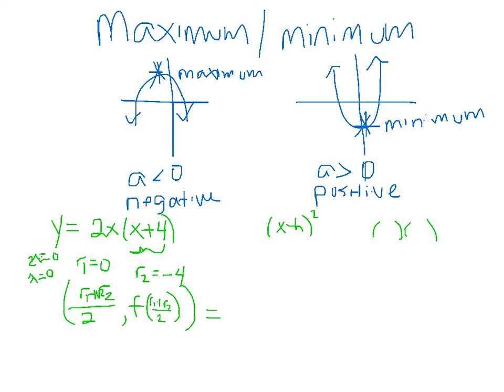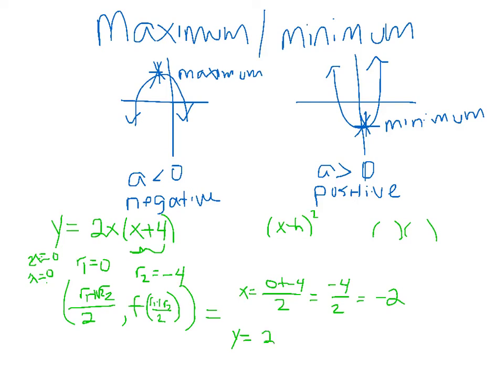So if we actually do that, my x value is going to be 0 plus negative 4 divided by 2, which is negative 4 over 2, which is negative 2. So the x value is negative 2. For the y value, we need to plug that negative 2 in.